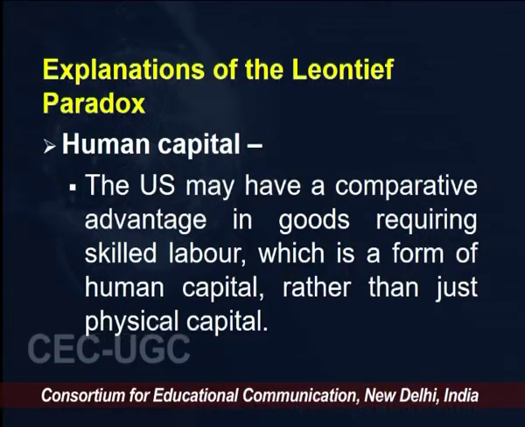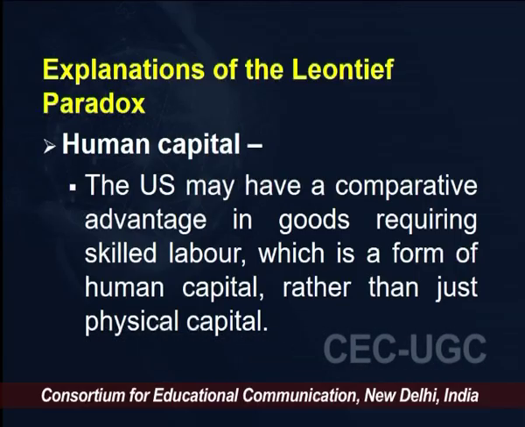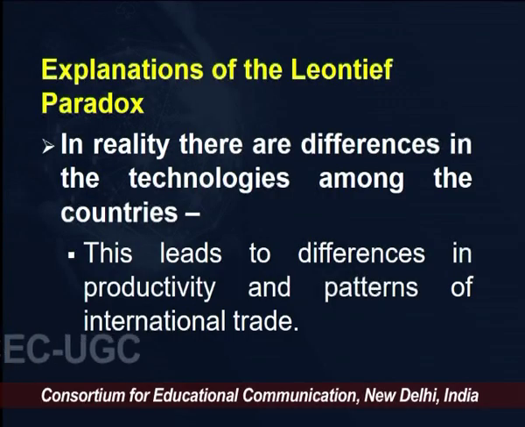Human capital should also be considered. The US may have a comparative advantage in goods requiring skilled labor, which is a form of human capital rather than just physical capital. In reality, there are differences in the technologies among the countries. This leads to differences in productivity and patterns of international trade.